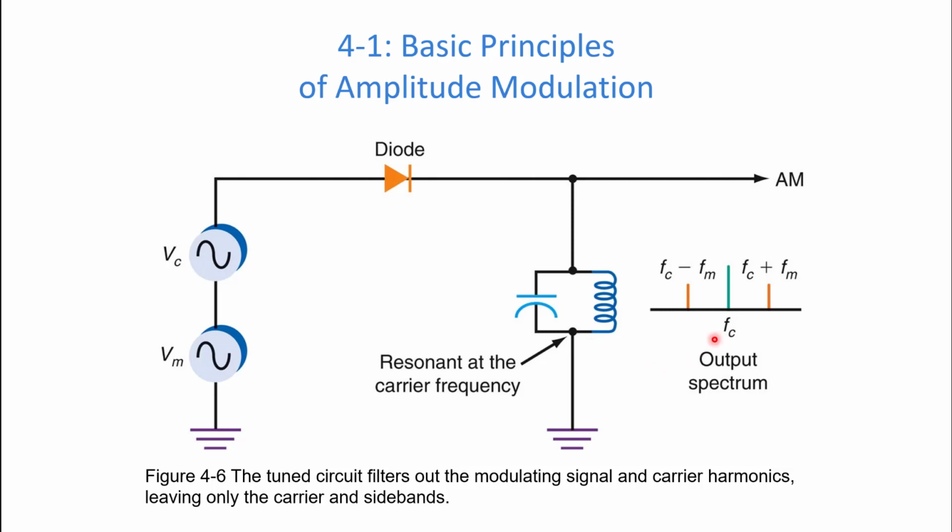We want this to represent a really high impedance at the frequency that we are interested in, our AM modulated waveform, so it looks like an open, and they have nowhere else to go but to the output. And then at higher frequencies, the inductor looks like an open, but now the capacitor looks like a short, so those higher frequencies get shorted to ground. And there you go. That's how you end up with your AM signal.